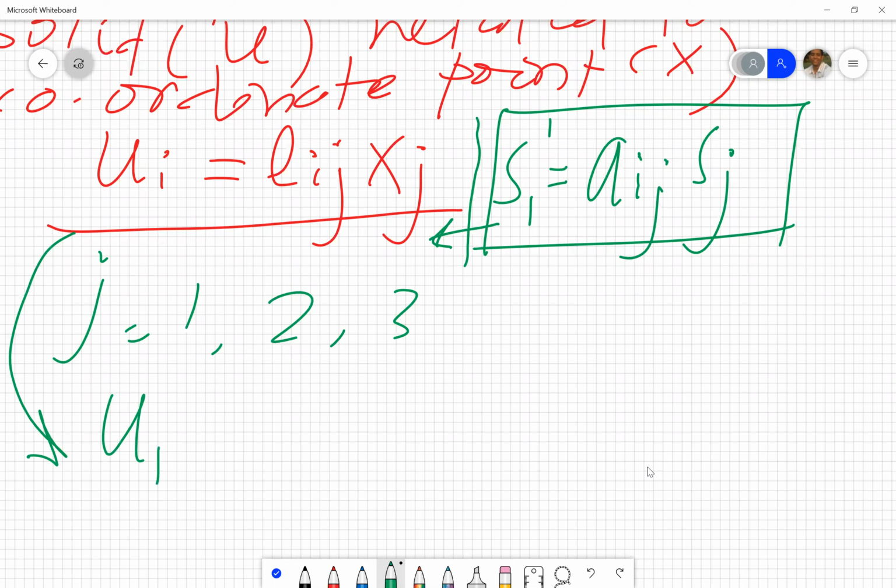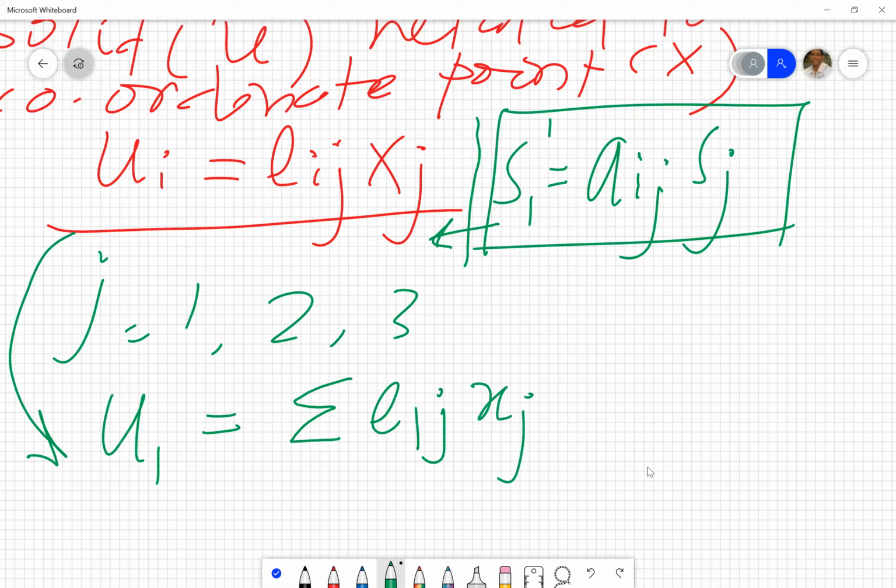If we write u1, that means i equals 1, and the equation will be in the format e1j xj.